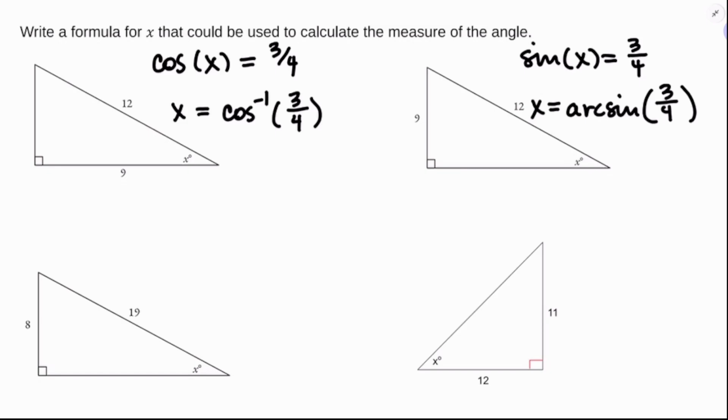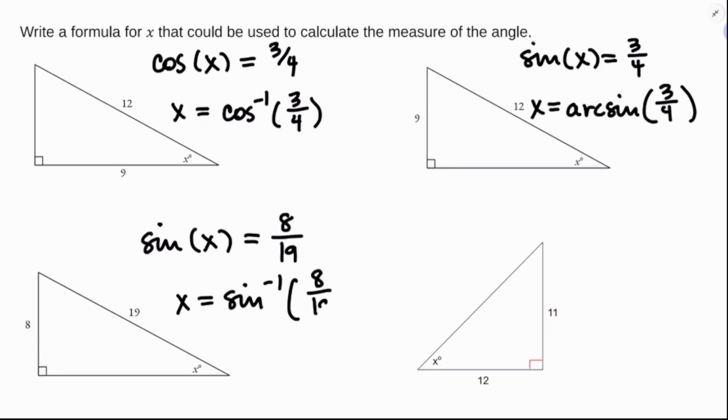Okay, next one. This one looks like sine also. 8 and 19, opposite over hypotenuse. Yeah, I'm going to say sine of x equals 8 over 19. So I'm going to take inverse sine of both sides, and I'll say x equals inverse sine of 8 over 19.